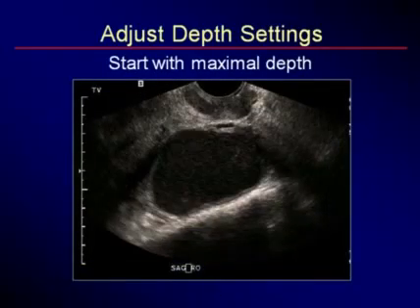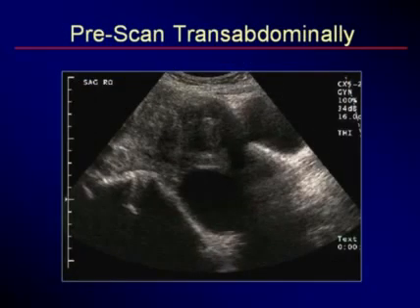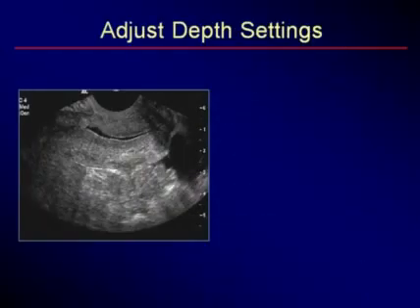If we had our depth maximal, we would have seen a mass deep in the cul-de-sac. And of course, if we had our transabdominal pre-scan, we would know that something's going on, and we would have to evaluate everything. So this was going backwards, but if you go in the proper sequence, transabdominal, then maximal depth, then shallow depth and high detail, you would have covered all bases.